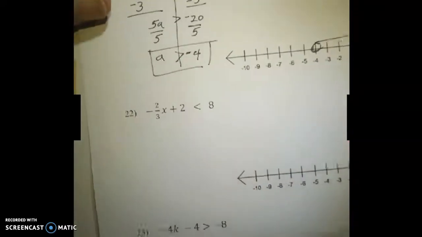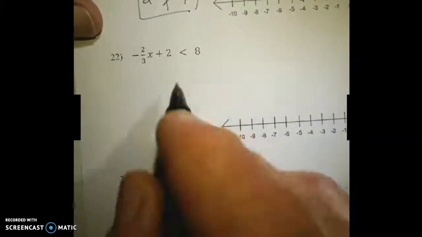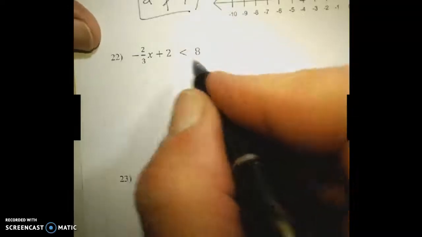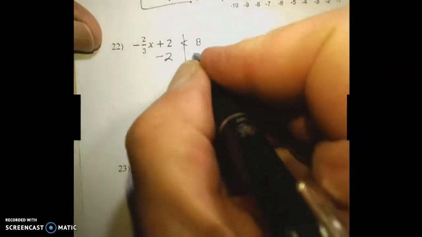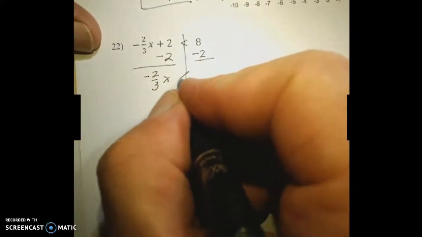Number 22. Again, solving inequalities just like solving an equation. To get rid of the part that's being added here, the 2, you use a negative 2. The inequality is going to come straight down the page. Negative 2 on this side also. You get negative 2/3 x is less than 6.